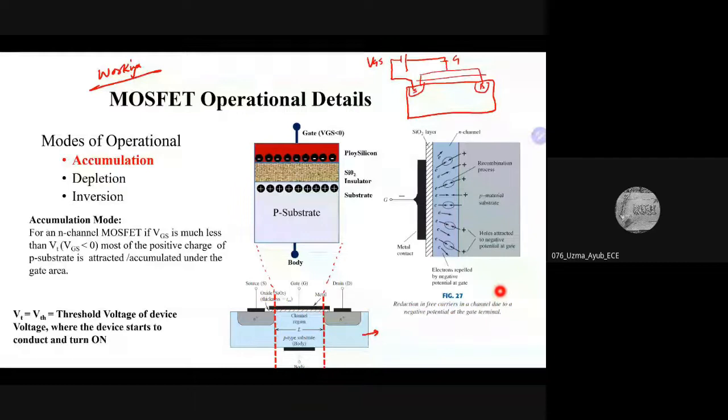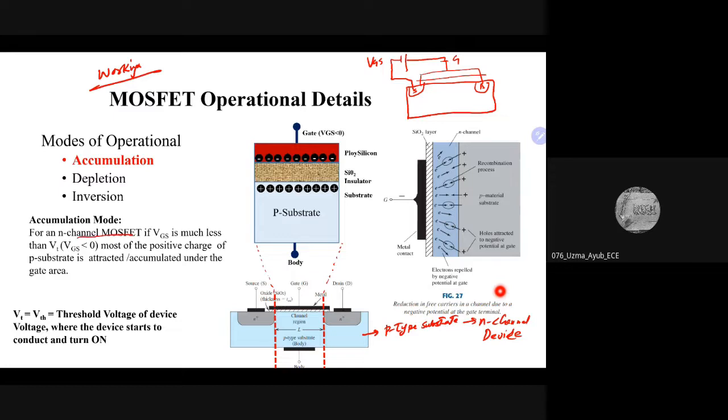If the substrate is P-type, then we call it an N-channel MOSFET, N-channel device. If the substrate is N-type, then the device is called P-type. I will explain why it is called the opposite. So this is an N-channel device, because the substrate is of P type.